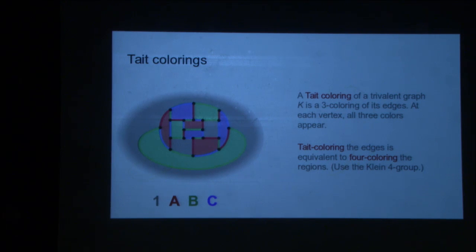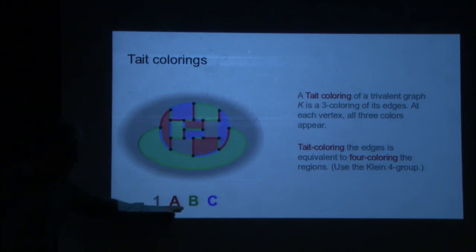But this is an elementary fact. You can find it written down in Tait's collected works, and he writes down there what is essentially the multiplication table for the Klein 4 group. So the rule here, you can go both directions, but given, say, a coloring of the edges, if you want to find the corresponding coloring of the regions, the rule is you start anywhere you like and pick, say, color gray.